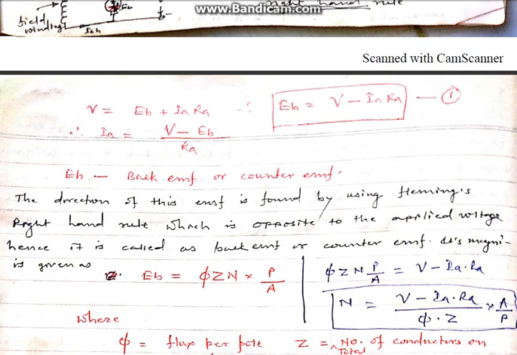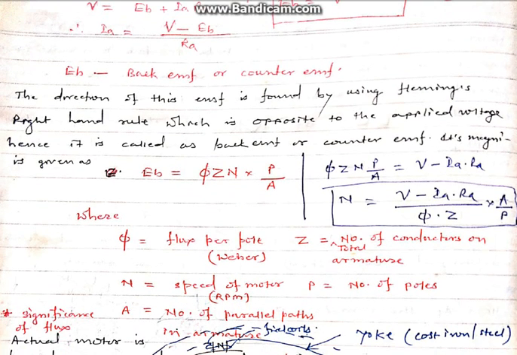As you know, the back EMF is expressed in terms of physical quantities like the number of conductors Z, N is the speed of motor, phi is the flux per pole, P is the number of poles, and A is the number of parallel paths.